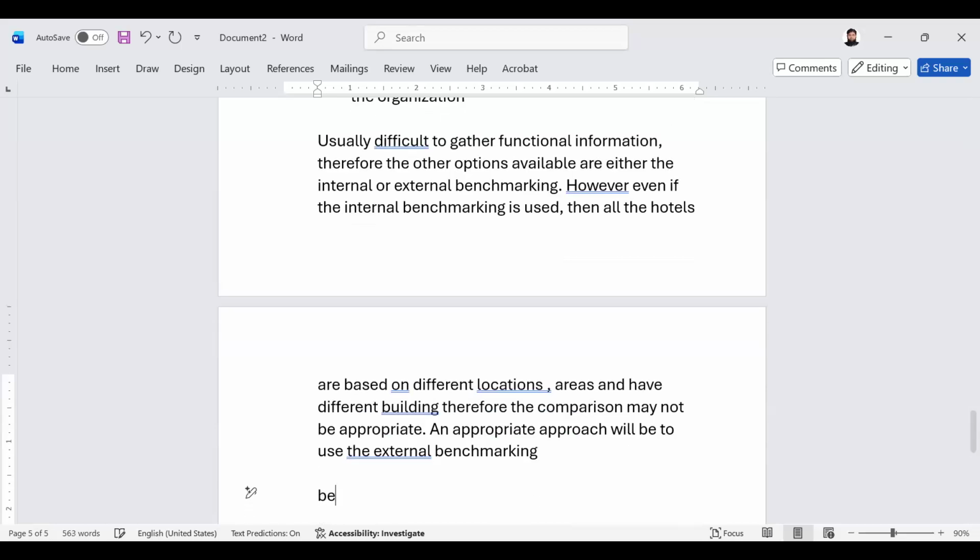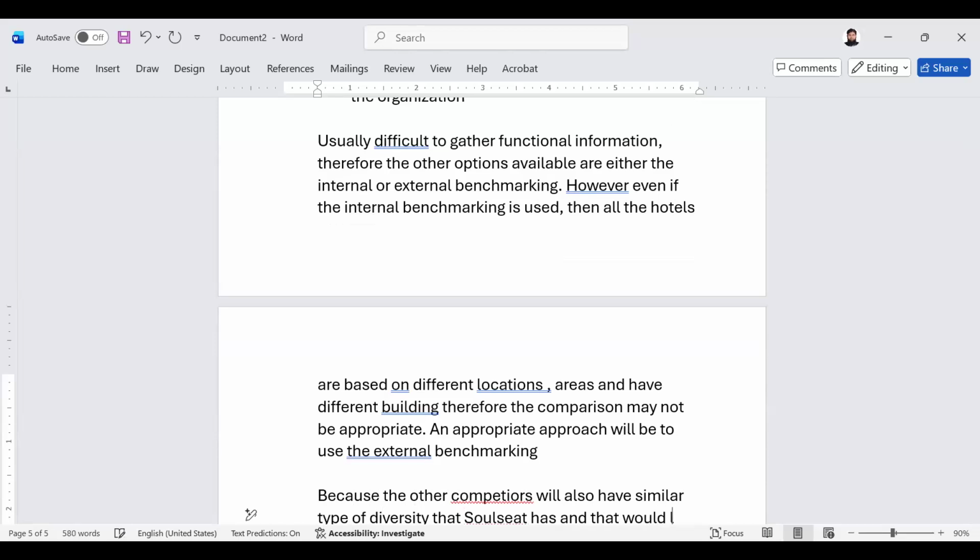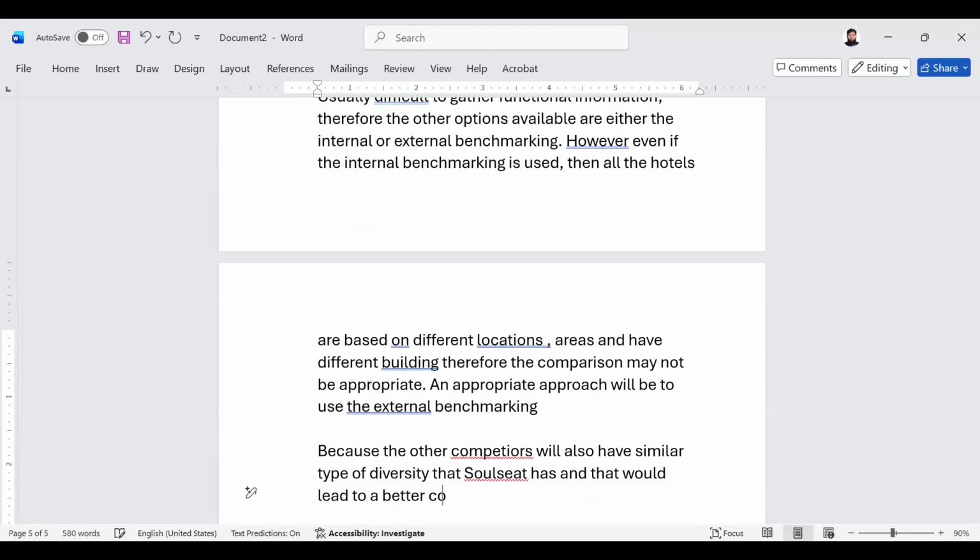Because the other competitors will also have a similar type of diversity that Soul Seed has, and that would lead to a better comparison.